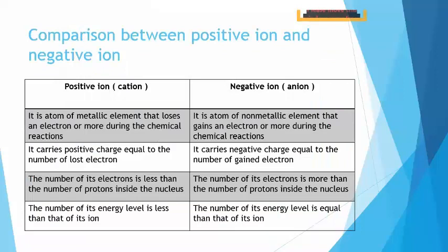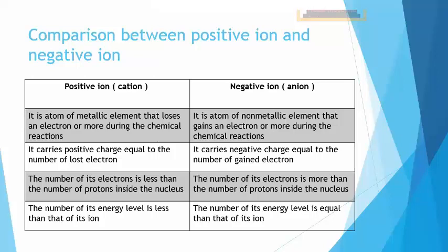There is a simple comparison between the positive ion and the negative ion. The positive ion has another name, cation, and the negative ion is called an anion. A cation or positive ion is an atom of a metallic element that loses 1 electron or more during the chemical reaction.